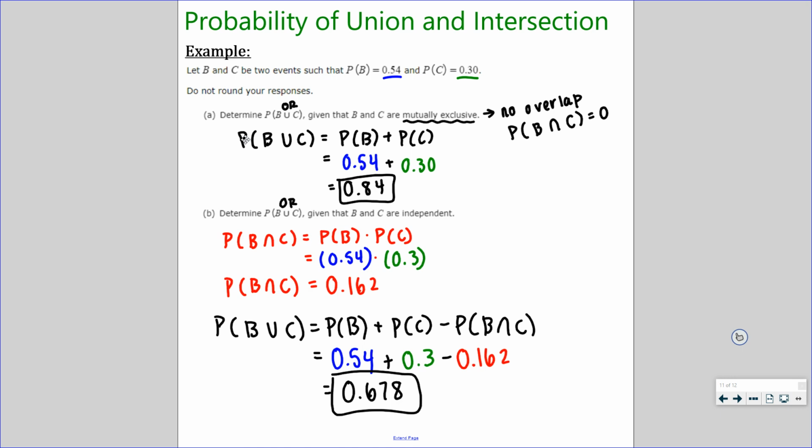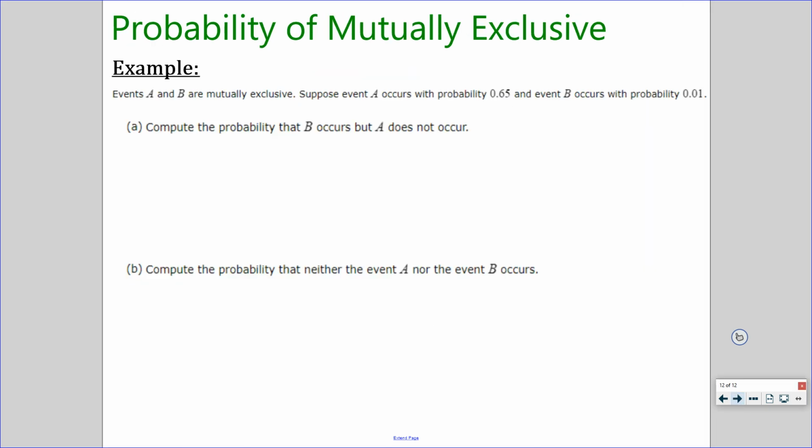Okay, we're going to try one more. Another mutually exclusive one. A and B are mutually exclusive. Suppose event A occurs with a probability of 0.65 and event B occurs with a probability of 0.01.